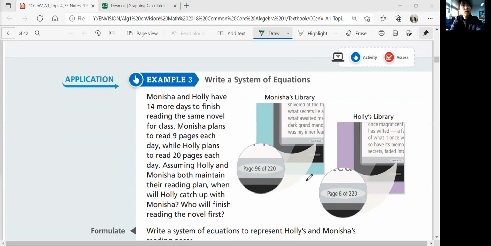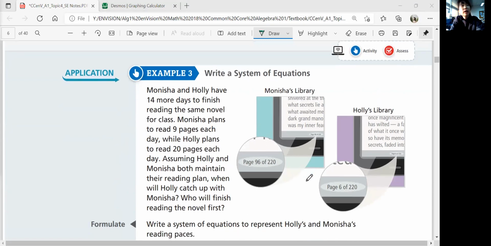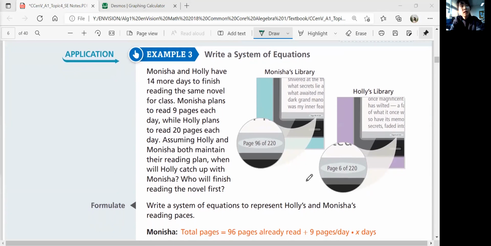Let's look at example 3. Write a system of equations. We have a word problem here. Manisha and Holly have 14 more days to finish reading the same novel for class. Manisha plans to read 9 pages each day, while Holly plans to read 20 pages each day.